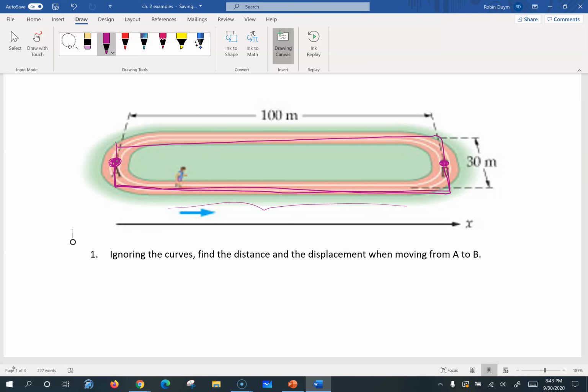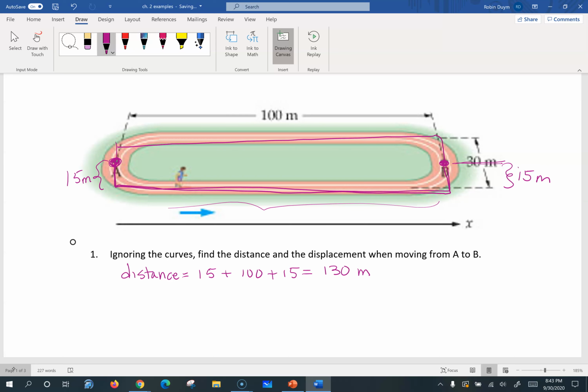This here is 100 meters, and you get halfway through this, so you get 15 meters here and 15 meters here. So if you just add up all of those things, you would get 15 plus 100 plus 15 gives you a total of 130 meters.